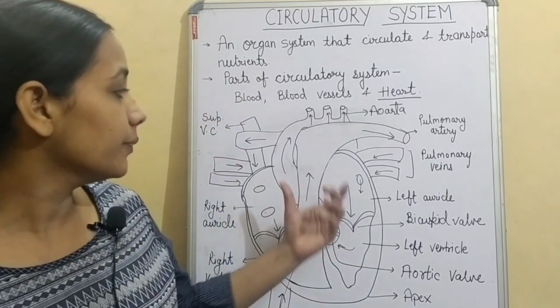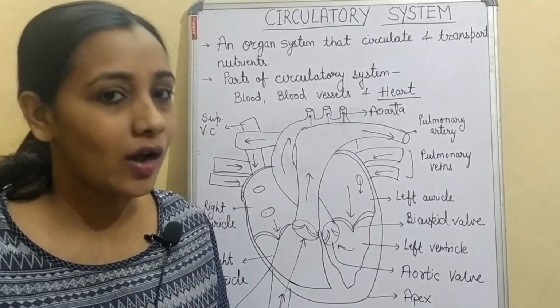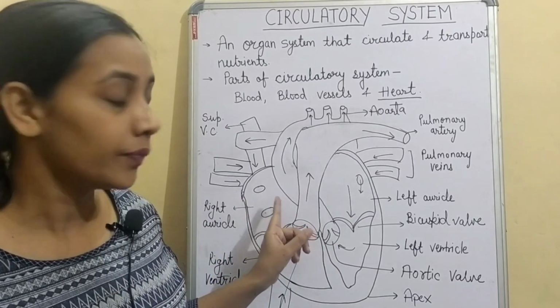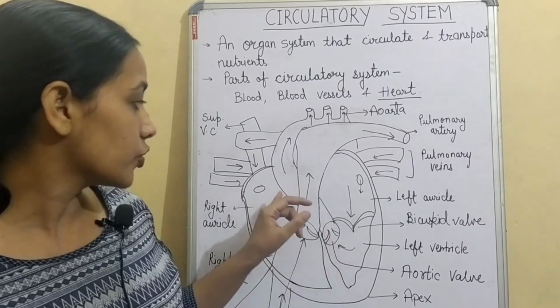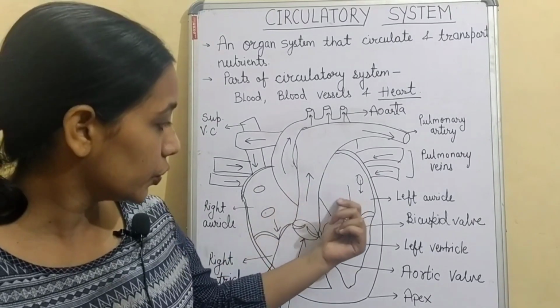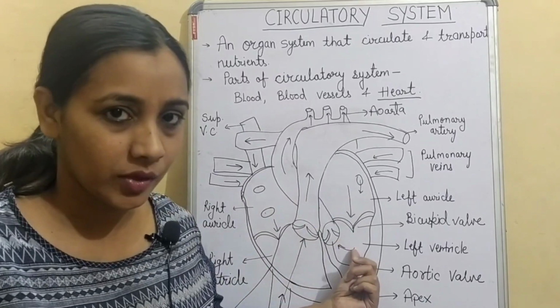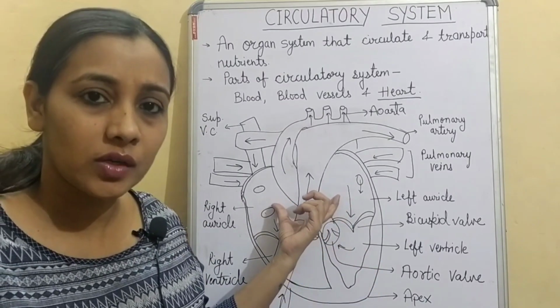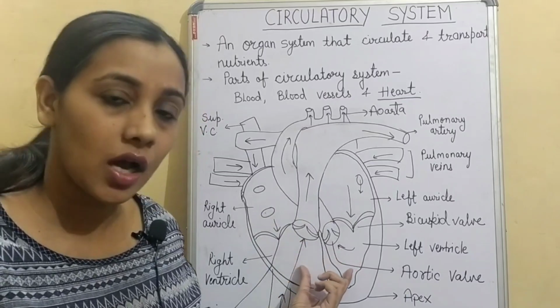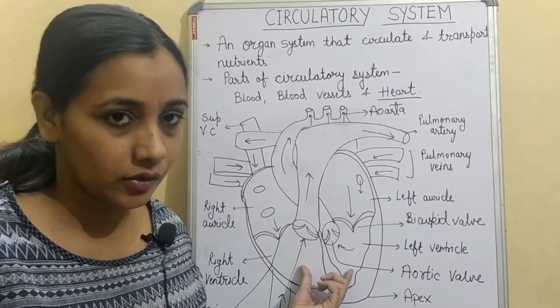Now come to the internal structure of heart. Now as we can see in human heart, we are talking about human heart. So human heart has four chambers: 1, 2, 3 and 4 chambers. So the upper two chambers are called auricles, and the lower two chambers are known as ventricles.